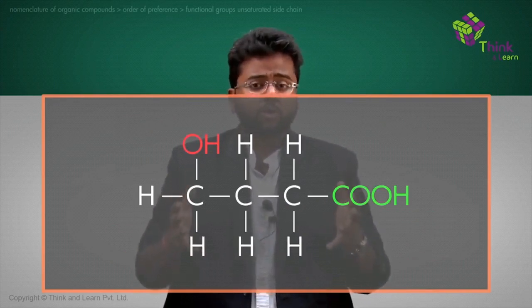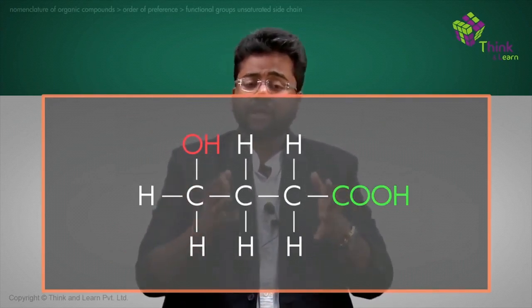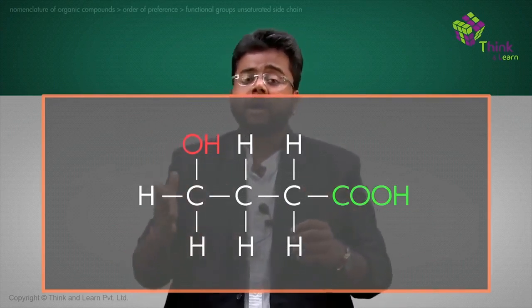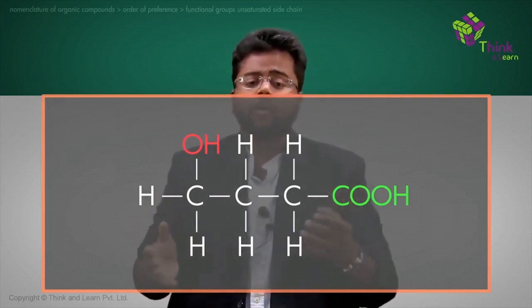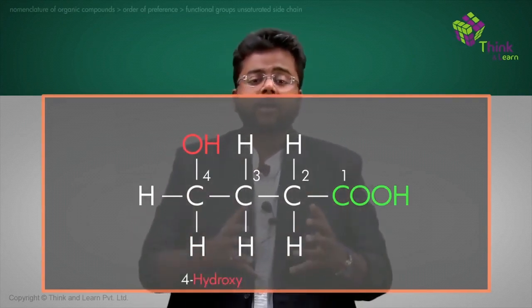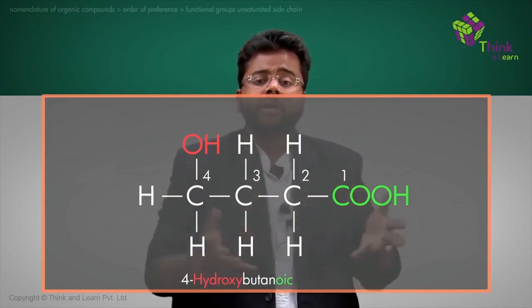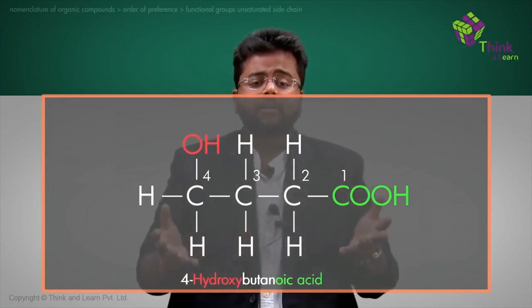Let's try to name a few compounds. If I have a compound such as this, what should be the name? As we discussed, carboxylic acid has a higher priority than alcohol. So the name becomes 4-hydroxybutanoic acid. As simple as that.